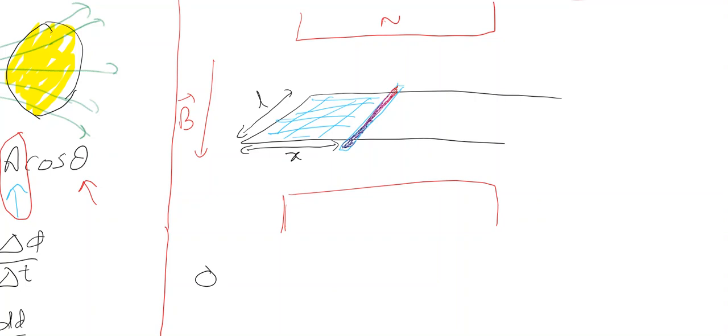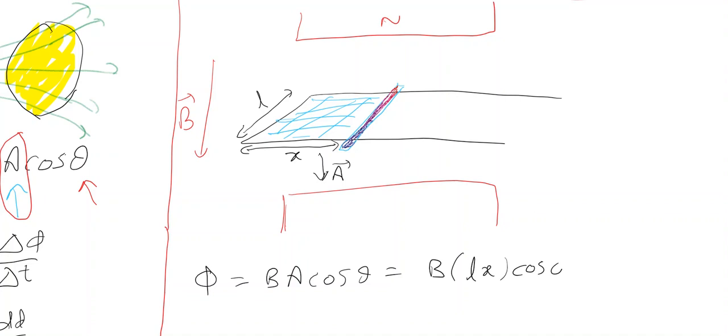We can say that flux linked is BA cos theta. B is B only. How much is the area? Area is L into x. And considering the area vector to be in the downward direction, the angle between B and A is 0. So cos theta is cos 0, that is 1, and hence it is BLx. This is the flux linked.